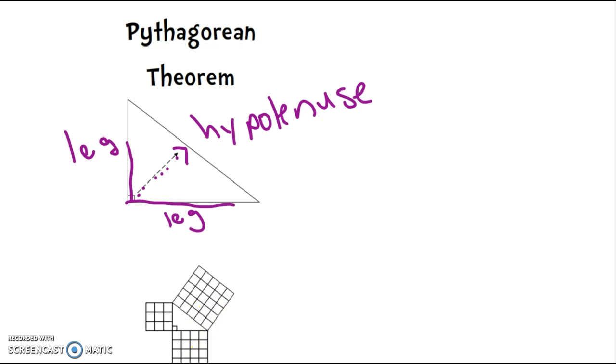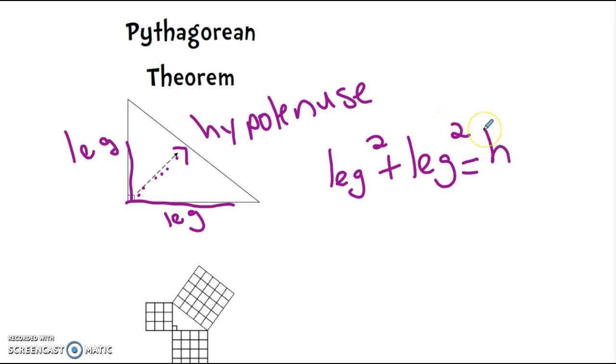So that's why we like to say leg squared plus leg squared equals hypotenuse squared. So if I take the length of one leg and square it, the length of the other leg and square it, add them together, I will always get the length of the hypotenuse squared.